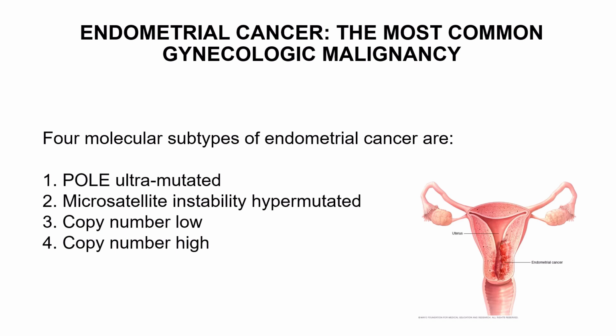These tumors display extensive genomic instability with numerous copy number alterations, including amplifications and deletions. They are typically associated with aggressive features, serous histology, and poor prognosis. These molecular subtypes of endometrial cancer provide valuable information for clinical management, prognostication, and treatment decision-making, highlighting the importance of molecular characterization in guiding personalized therapy approaches.